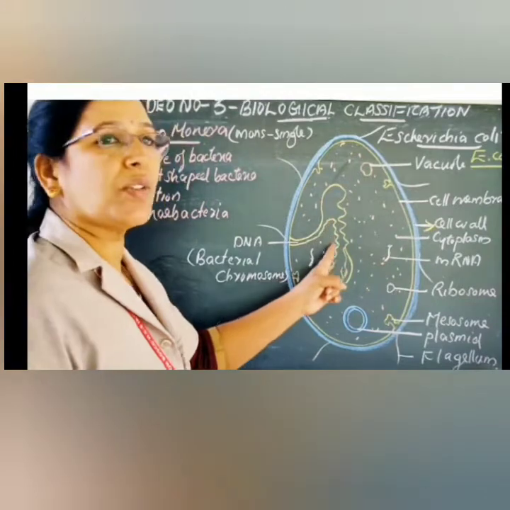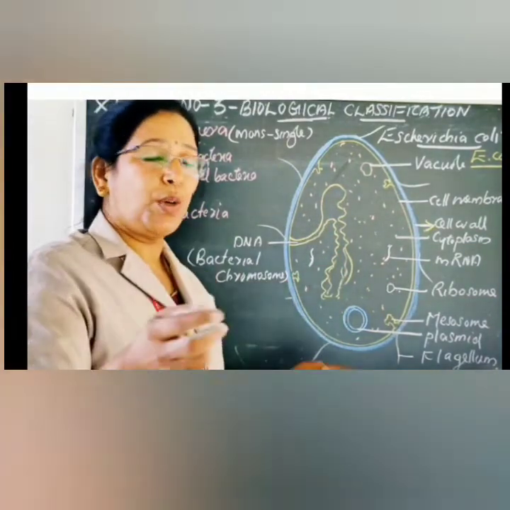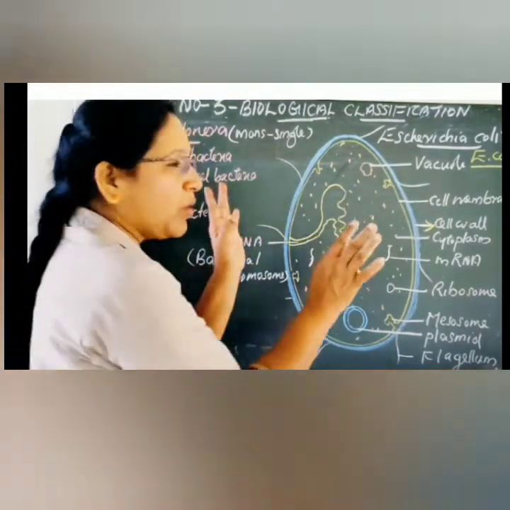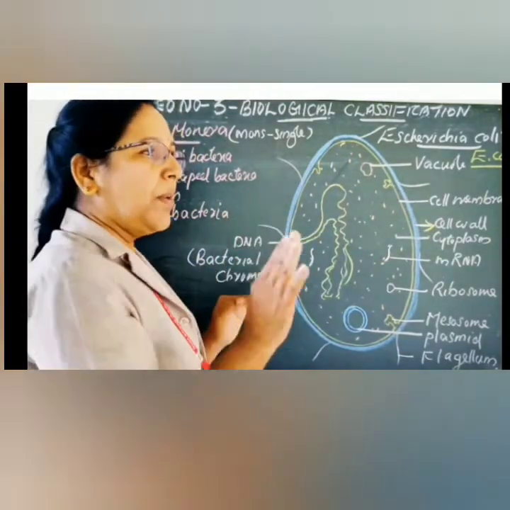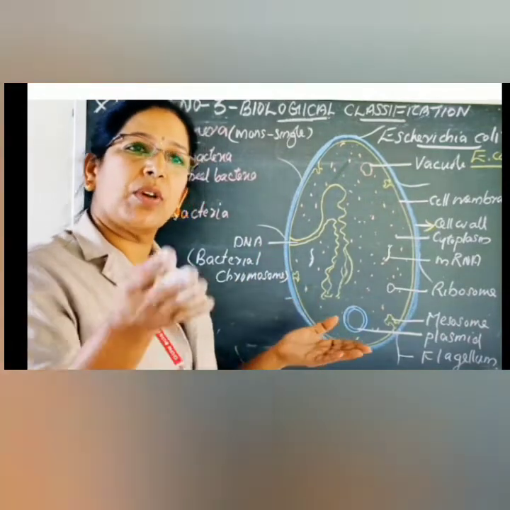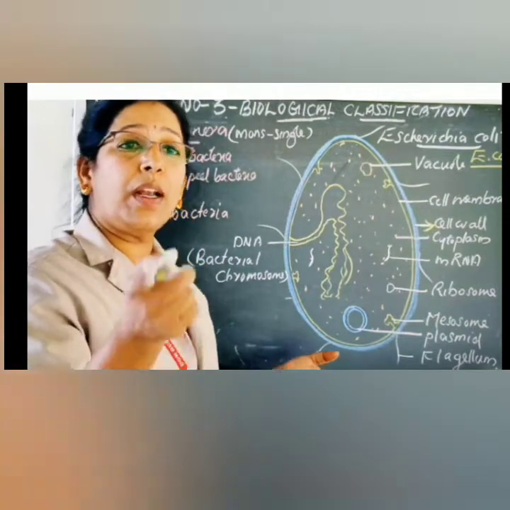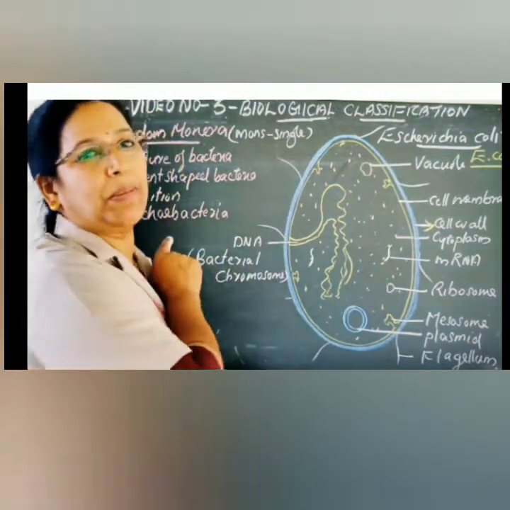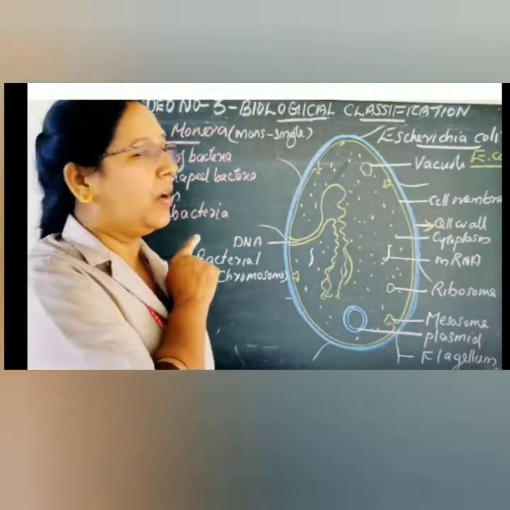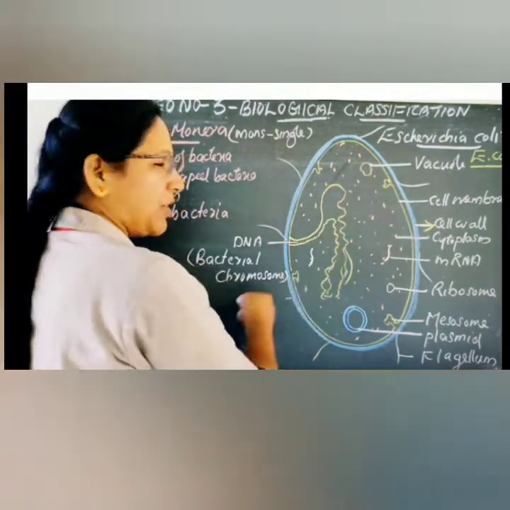Again, this is the genetic material. We studied genetic material. Here there is no nucleus. You can't see any nucleus, because the true nucleus is absent, so the genetic material is naked and coiled, attached to the plasma membrane. Clear? This is the genetic material of bacteria.